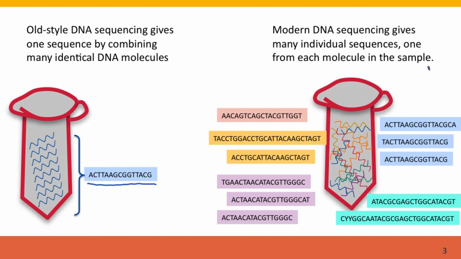Modern DNA sequencing, in contrast, can take a sample that consists of a mixture of many different DNA molecules, and it can sequence each molecule in the sample, giving many different sequences, what are called sequence reads.